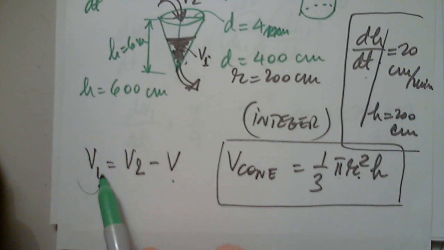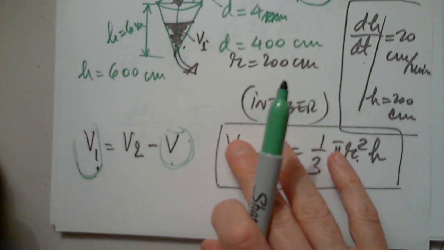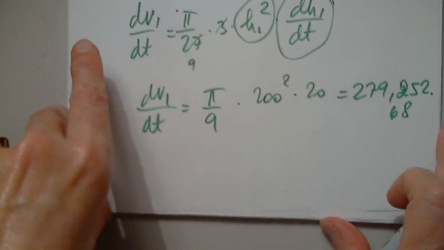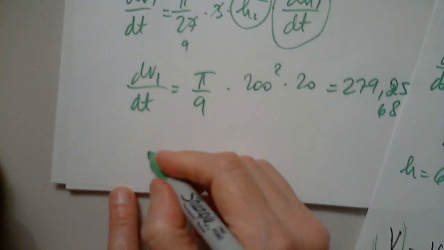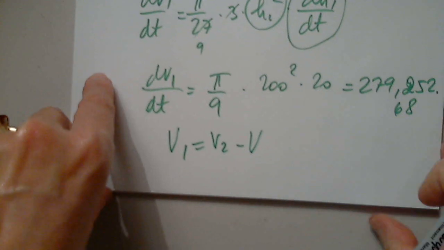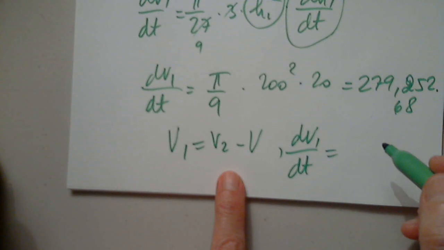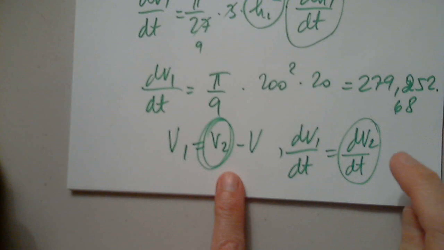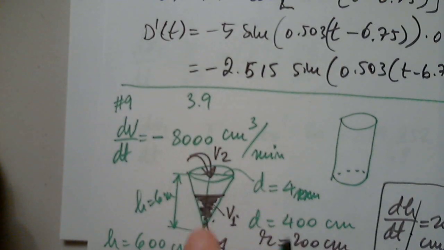Okay, so I have the rate of this, I have the rate of this, and I want to determine the rate of this. I'm going to write this again. V1 equals V2 minus V. dV1 over dt equals the unknown dV2 over dt minus this one of 8,000.